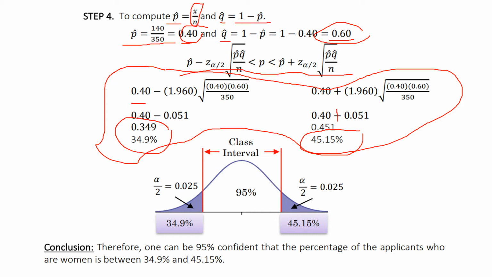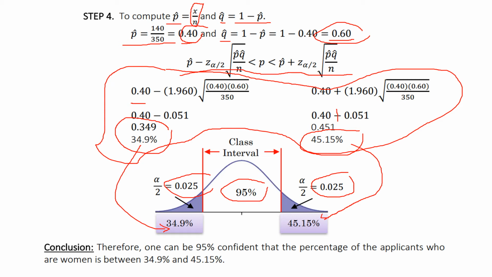So once we apply these values, your lower limit is 34.9% and your upper limit is 45.15%, and we apply your alpha over 2, which is equal to 0.025, then that will be a 95% confidence interval. That is a 95% confidence interval.